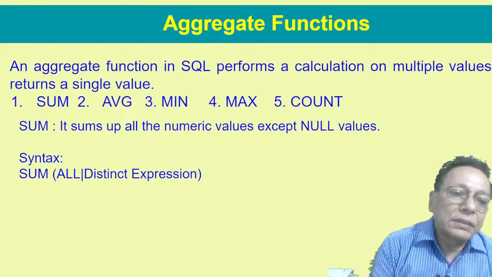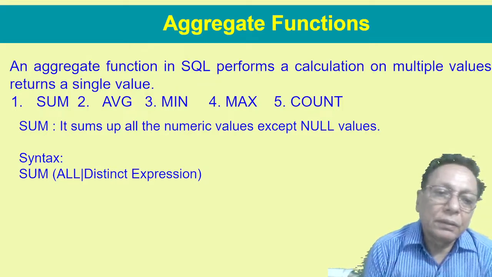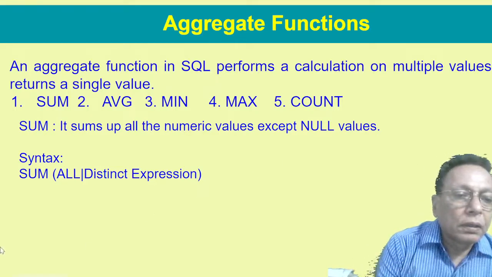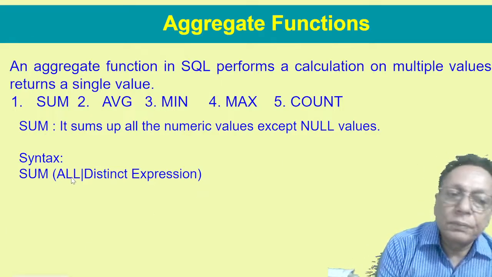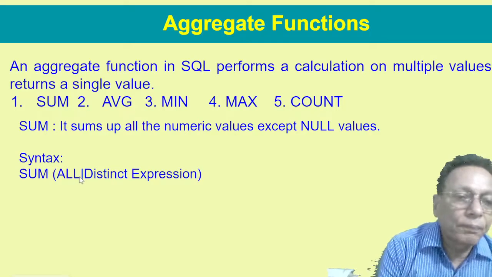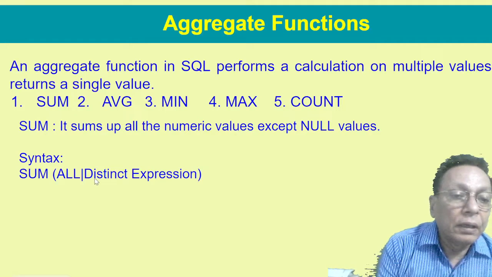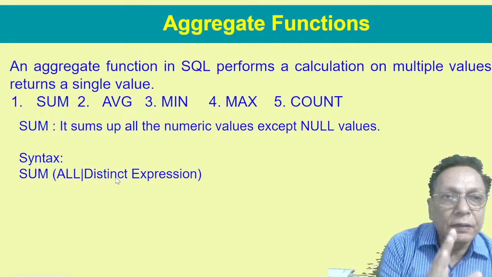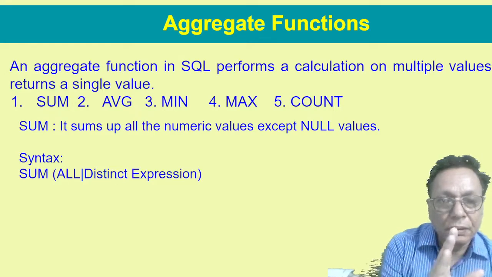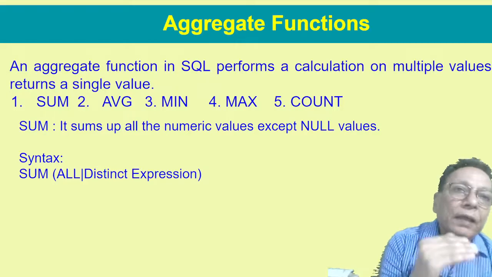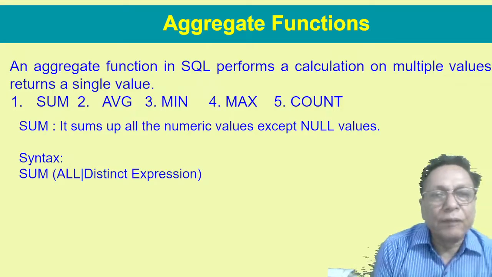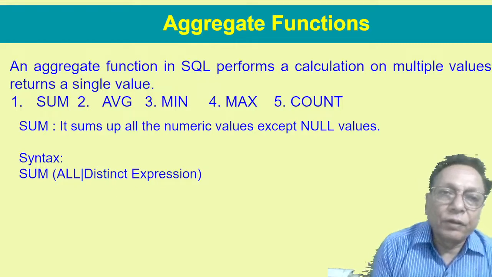So this is the statement: SUM, ALL or DISTINCT, and expression. ALL sums all the rows of a particular column. DISTINCT means different values, so if there are duplicate values, they will not be summed up.